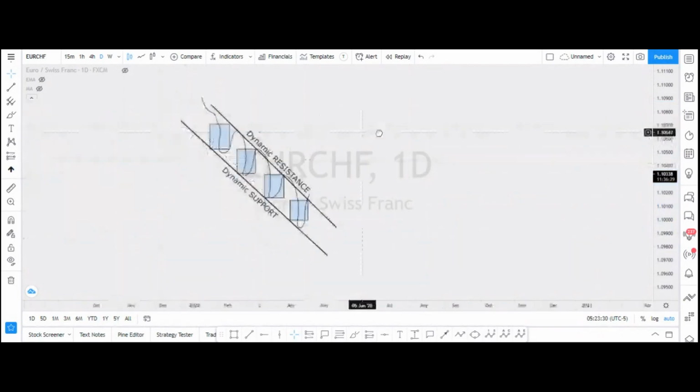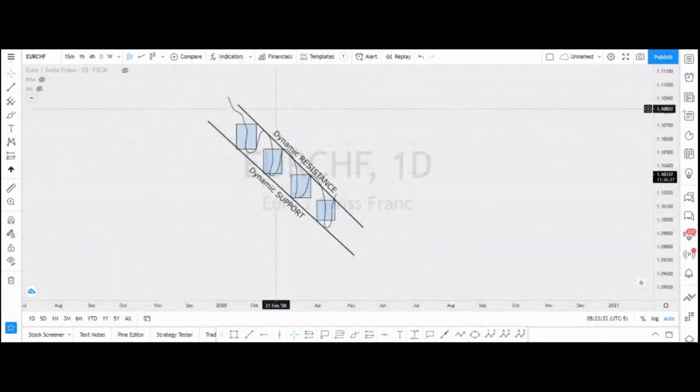Now, when we are in a down channel, we see a series of what? Lower lows and lower highs, lower lows and lower highs, where the line below acts as the dynamic support and the trend line above acts as the dynamic resistance. Do we all understand before we go to the charts?